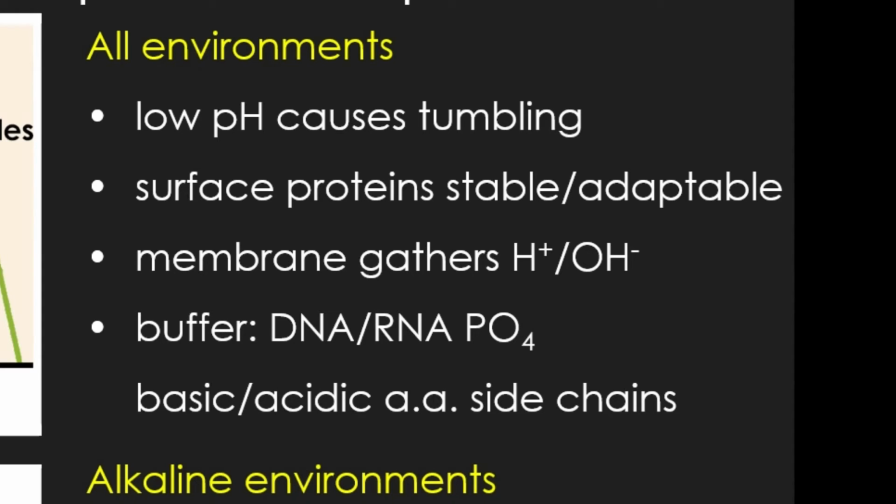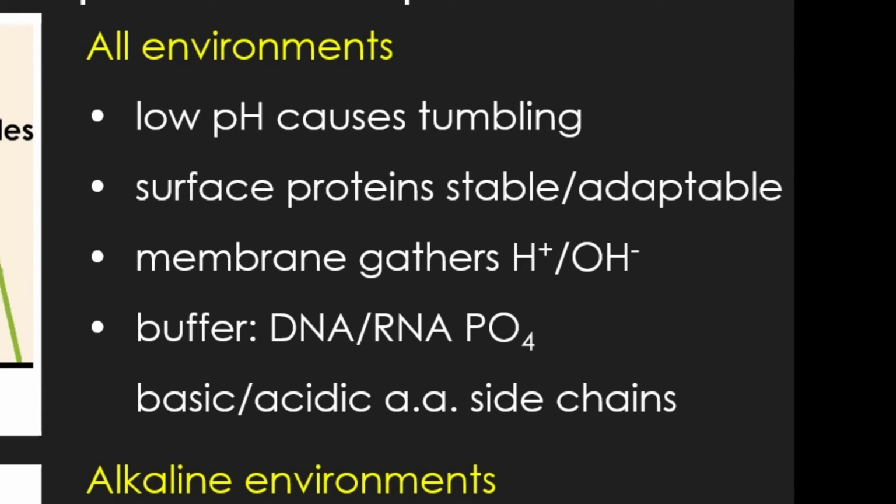E. coli, which is a neutrophile, you can put that cell in a pH range from pH 4.5 to 7.9. So let's just say 5 to 8. And the inside of that E. coli cell, the cytoplasm, will only register a 0.1 unit change in pH. So you have an environment, right?